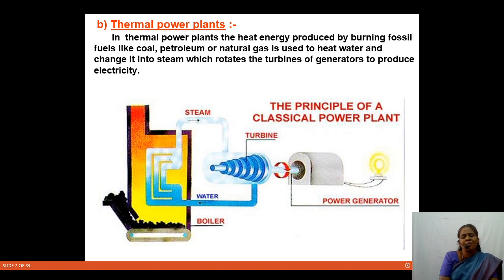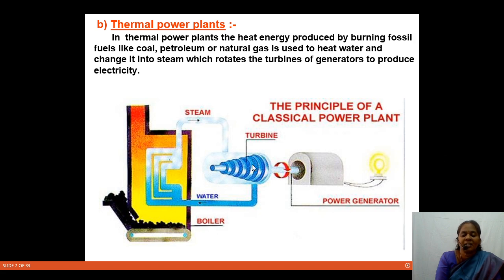What is the meaning? One schematic diagram I have given. Take care children, in this schematic diagram, the black color is coal, it has to burn. This is a boiler full of water. For boiling water, the coal has to burn. Steam is produced. The steam coming out of the boiled water has high pressure, which rotates the turbine.